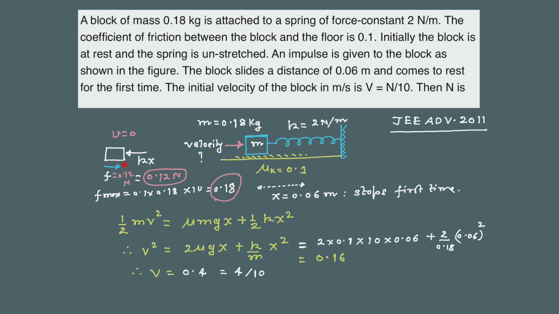And one thing more interesting, when it was moving in the right direction before stopping, friction was acting in the left direction. But after it stops, now it has to act in right direction.